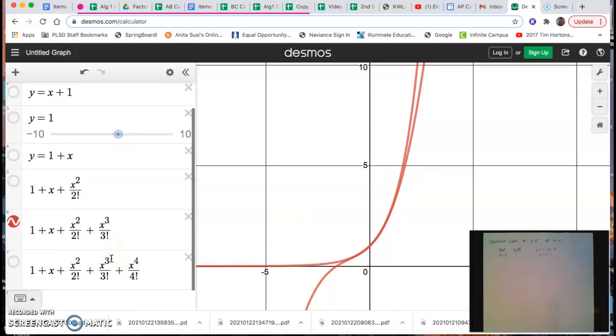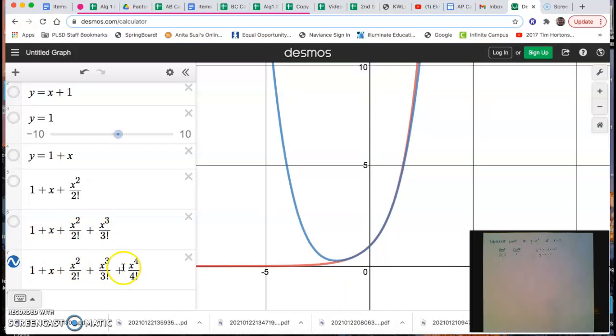Well, if some is good, more is better. So let's get this one out of there and add on a 4th degree term. Holy cow. Now, of course, way over here on the left, this is not a good approximation. But if I look over here, basically from x equals negative 2 to x equals 3, it looks like a perfect approximation. It looks like there's almost no difference.